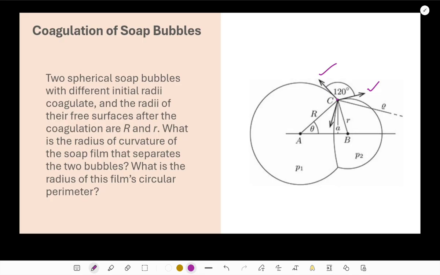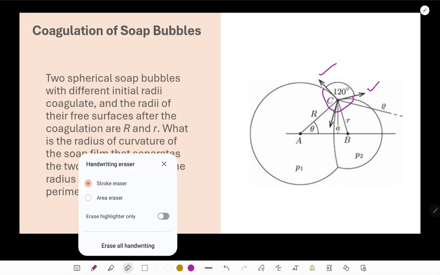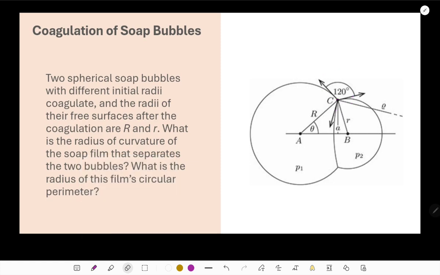So there are three forces acting at this point C, and the point C is in equilibrium. That means we have three vectors acting at the same point with equal magnitude, and their vector sum is equal to 0. So the angle between them will be 120 degree, nothing else. So this is why the 120 degree is here.